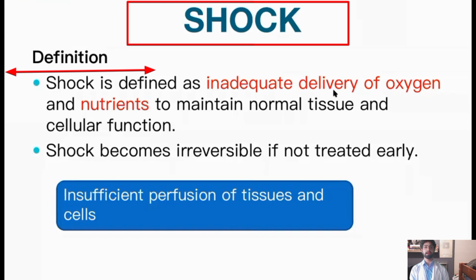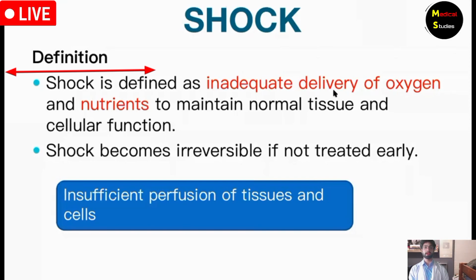Now what I am talking about here, for example: what is the purpose of blood flow in your body? That blood is carrying important substances like oxygen and glucose, and that oxygen and glucose is delivered to the tissues of your body to maintain normal function.